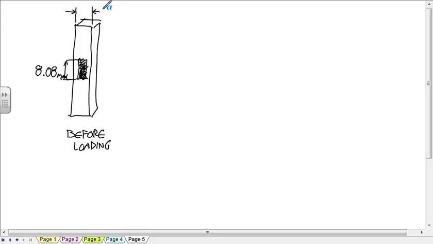What was this? Okay, 3.07 millimeters, and then this one. What was this one? 1.97.